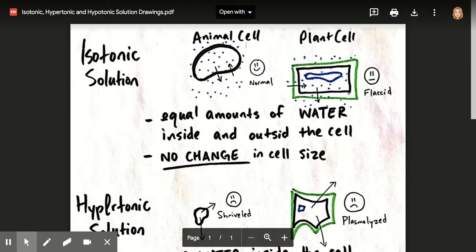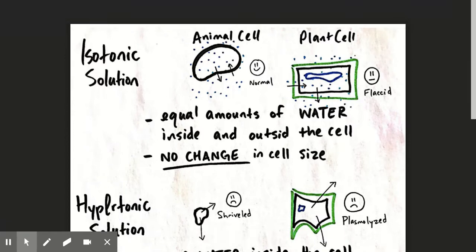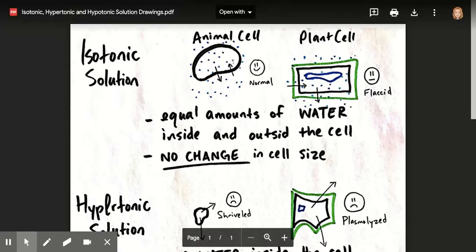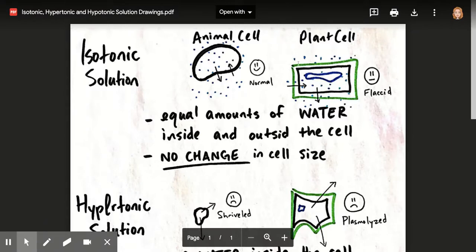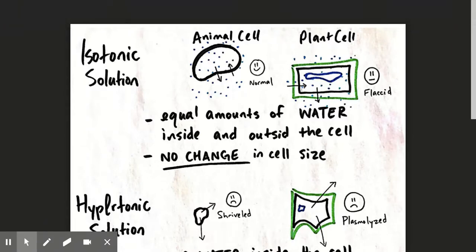In this first example, within an isotonic solution or environment, we have to note, and I've drawn it in blue here, the little blue dots represent water. And there's an equal amount of water. I tried to draw that as best I could in terms of the little circles inside and outside this animal cell.